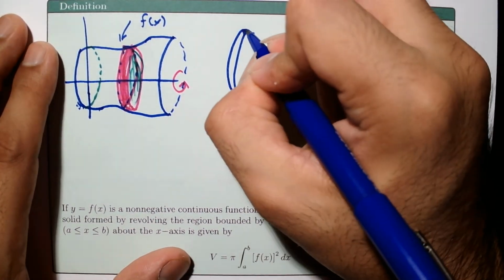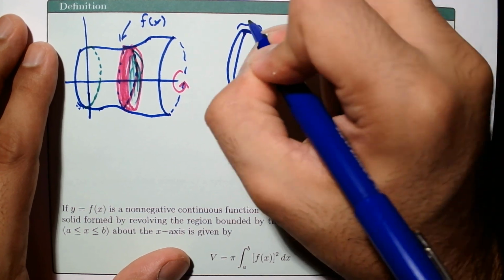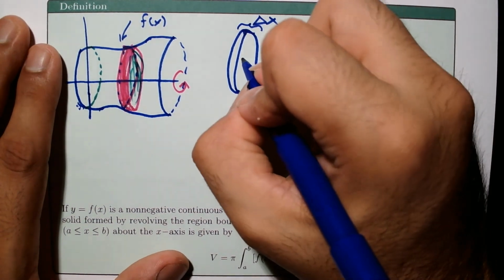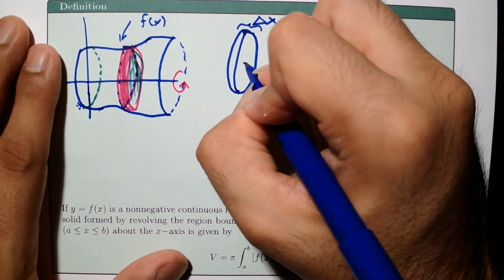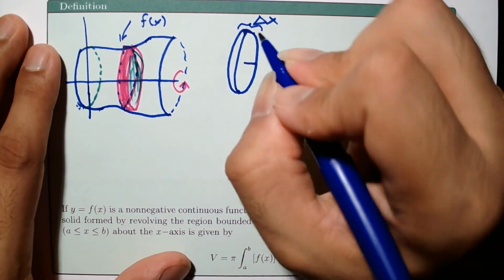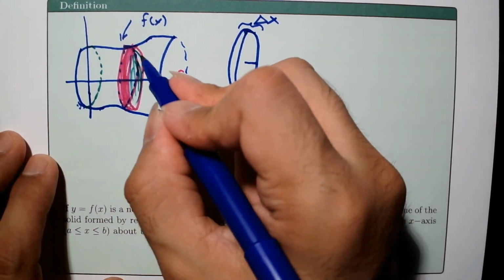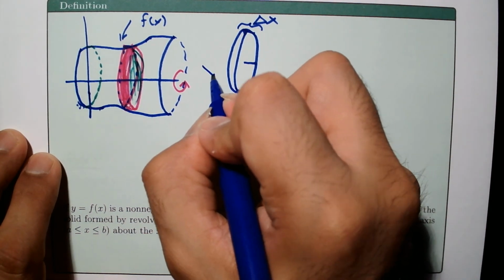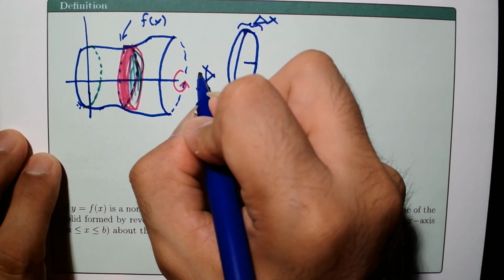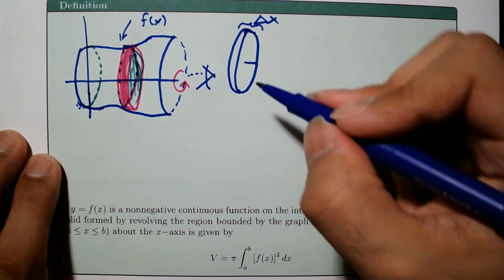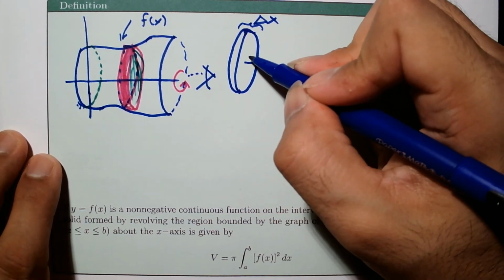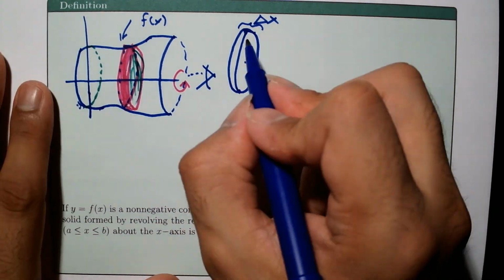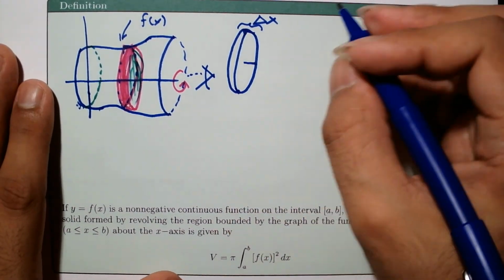So this disk has some thickness, which is called delta x. If you look at this cross-section, if you put your eye here and look at this solid, you're going to see this circle, but that circle has some thickness, and that thickness will be the height of the cylinder.